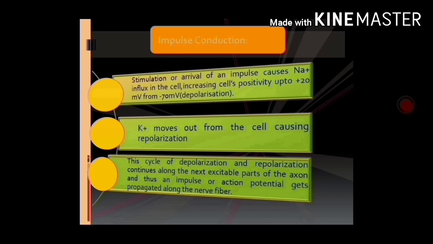As soon as there is depolarization, the potassium ions present inside the cell start moving out of the cell to the outside, thus restoring the polarity of the cell, and this is called repolarization. This cycle of depolarization and repolarization is what we call an action potential. And as such, through the process of depolarization and repolarization, a nerve impulse travels through a nerve fiber.